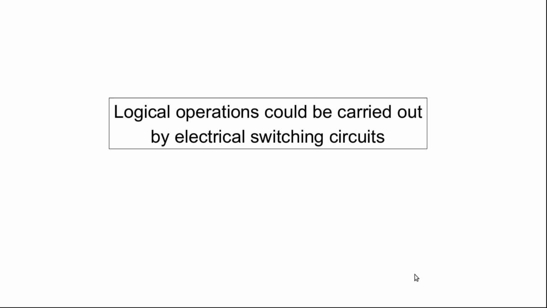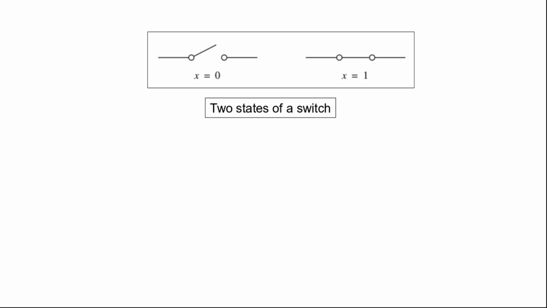And now logical operations can be carried out by electrical switching circuits. Let us try to understand what we mean by this. For that we will take the example of a switch. Here we have a switch, and the switch can be either off, or it can be on.